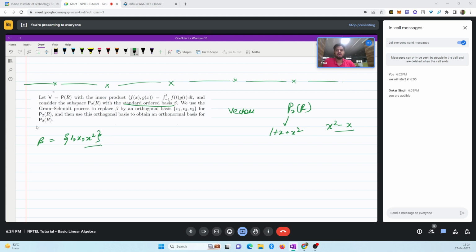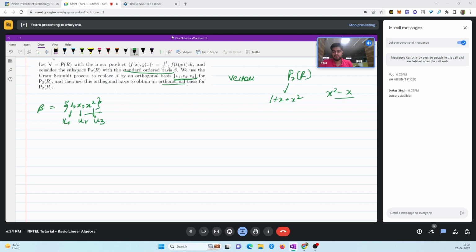Now let's call this U1, this U2, and this U3. Then they want us to convert these U1, U2, U3 into an orthogonal basis V1, V2, V3, and then use this normalization to convert them to an orthonormal basis. We will do all these steps.